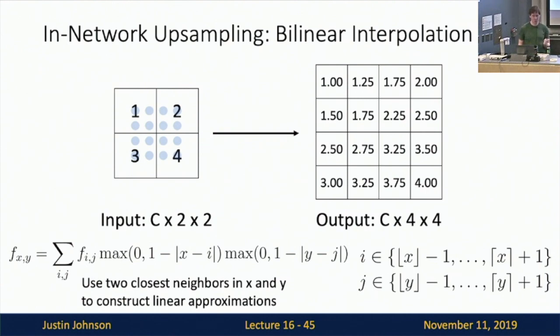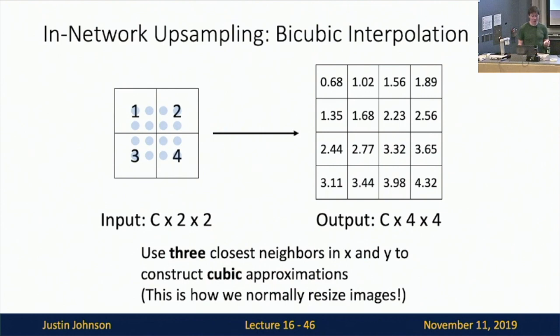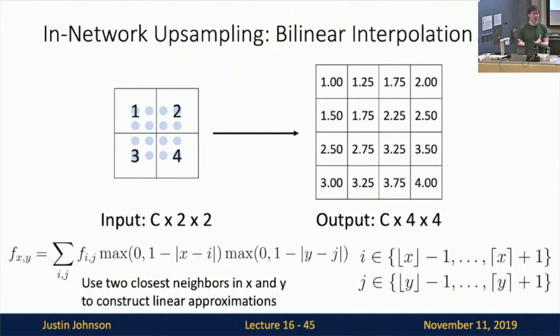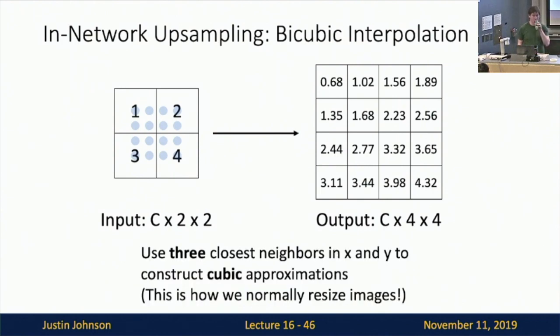If you're familiar with image processing, you know that another thing we can do is bicubic interpolation. One way to think about bilinear interpolation is that we're using the nearest neighbors in a little 2x2 region to compute a locally linear approximation to the input. With bicubic, instead we use a larger region in the input feature map to compute a locally cubic approximation, and then sample according to this cubic approximation rather than a linear approximation.